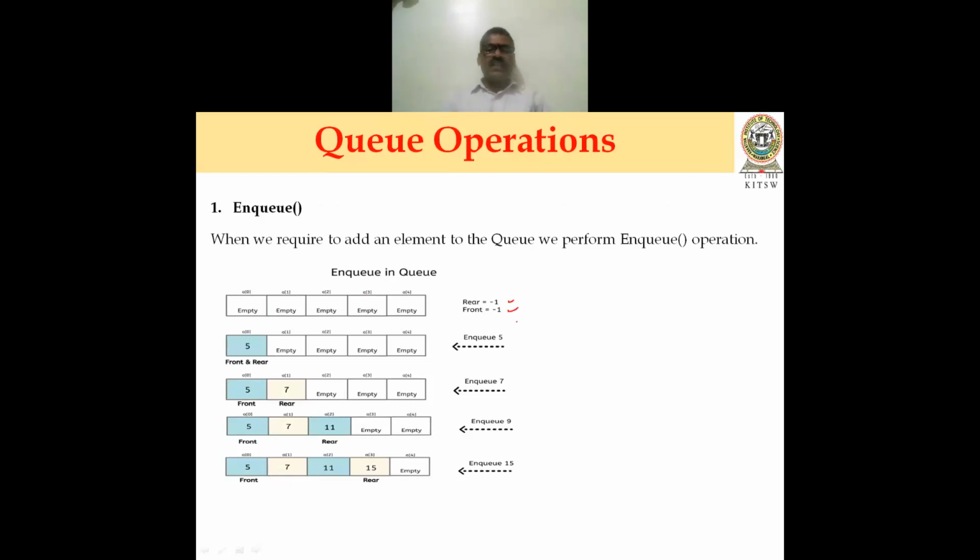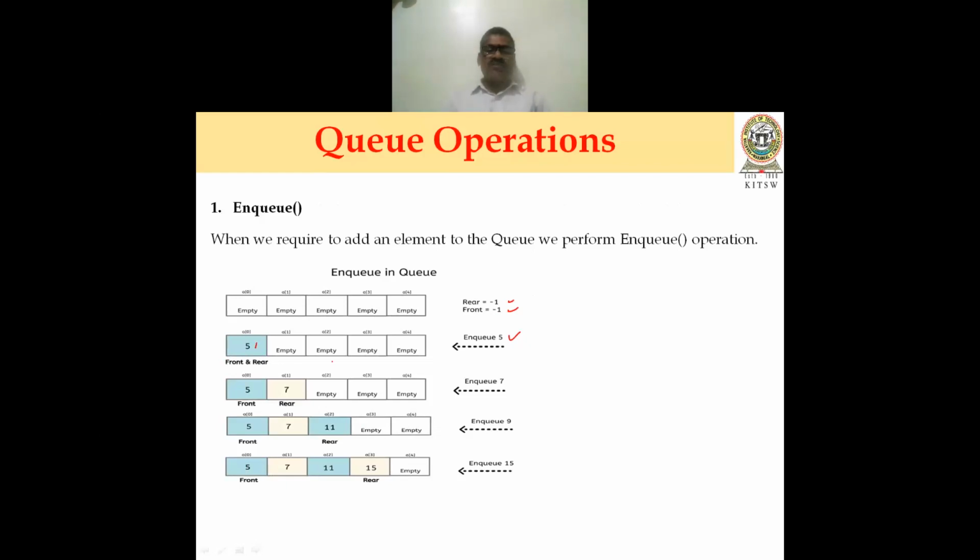Now rear is -1 and front is -1. NQ of 5 means we want to insert element 5. Front and rear will be incremented, so both are at the 0th location, and we insert 5.